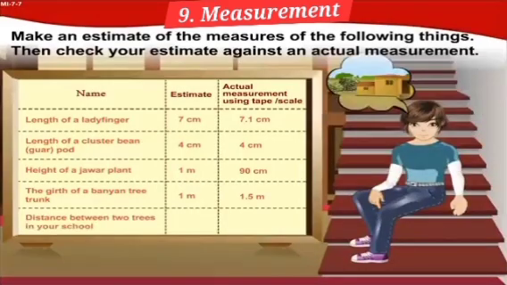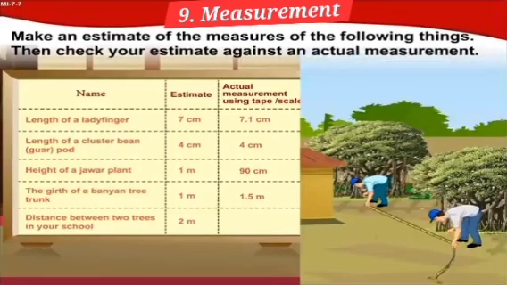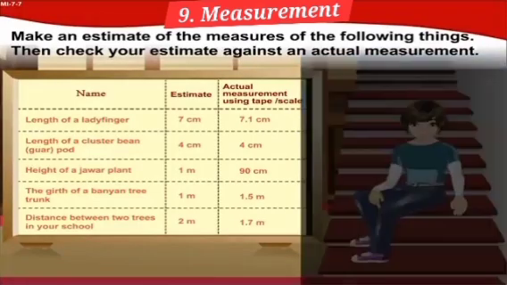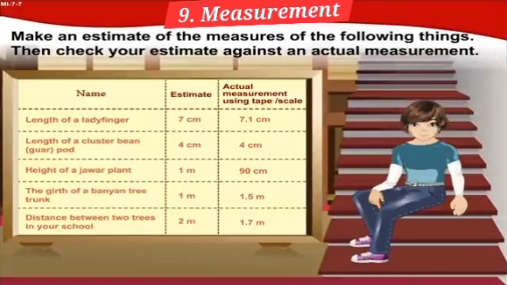I asked Raju to estimate the distance between the two trees in our school. Raju estimated 2 meters. And the actual measurement was 1.7 meters. Great job, Raju. Quite close.